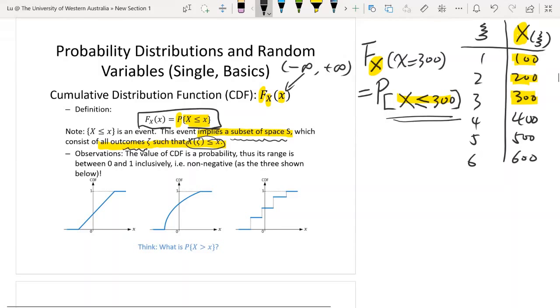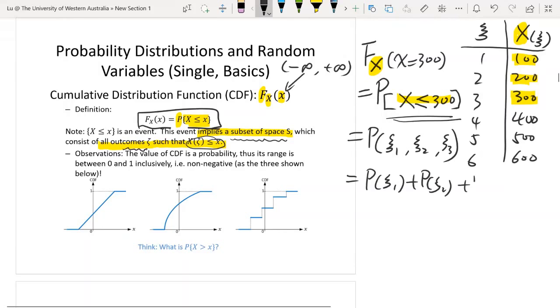And these three valid outcomes comprise a subset of the space S. They are the event for this situation. And the calculation should be pretty simple, which is equal to P(Z1) plus the probability of Z2 plus the probability of Z3.